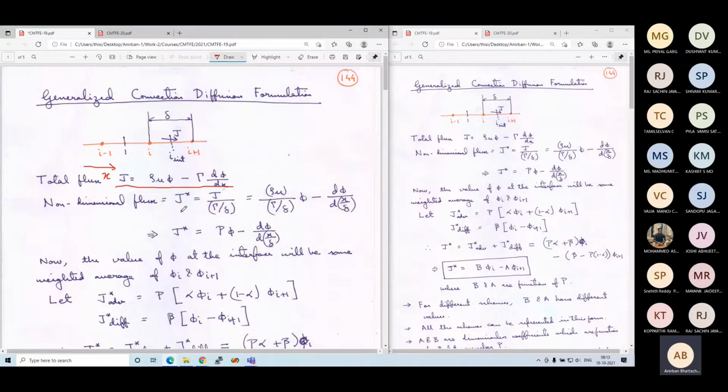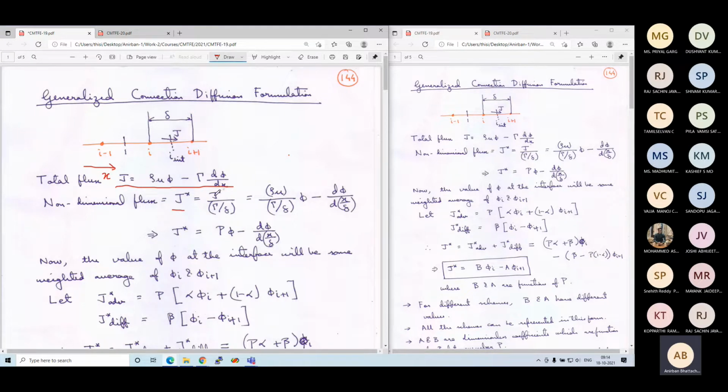We can write this in non-dimensional form, J star, if we divide by gamma by delta, where gamma is the diffusion coefficient and delta is the distance between two adjacent grid points, which previously we were calling delta x. Here I am writing in terms of I minus 1, I and I plus 1 to make it a general scheme which can be used for a computer program where you can run the loop of I from 2 to n minus 1.